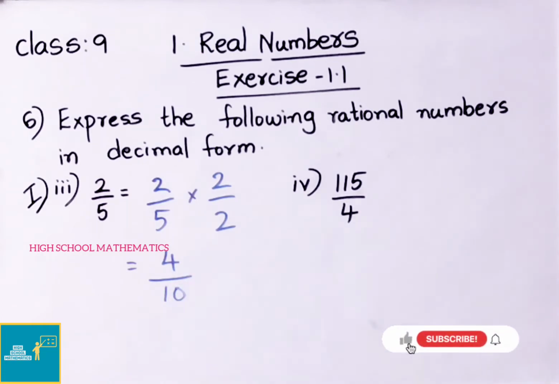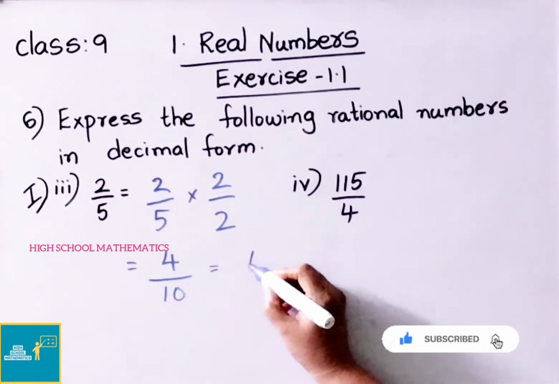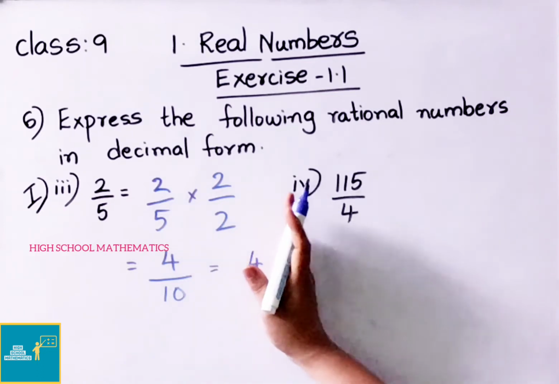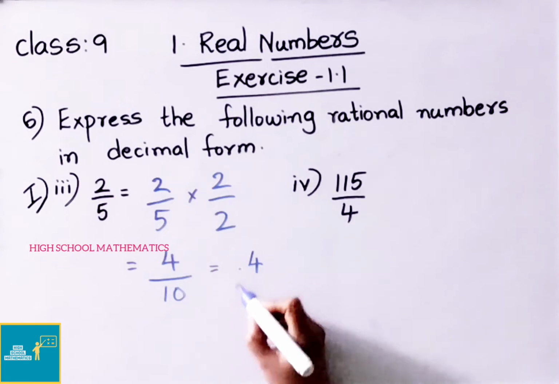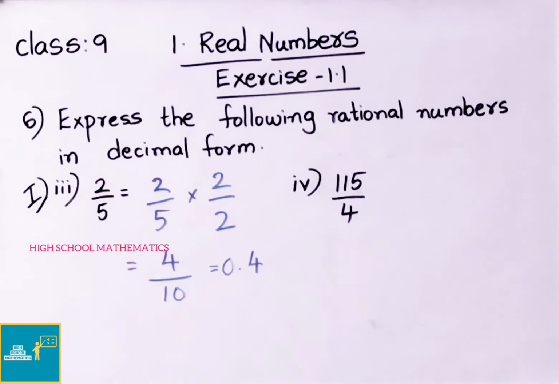So 4 by 10. Now write the numerator 4. The denominator is 10, so from the right side 1 digit before, place the decimal point and write down 0. So the answer is 0.4.